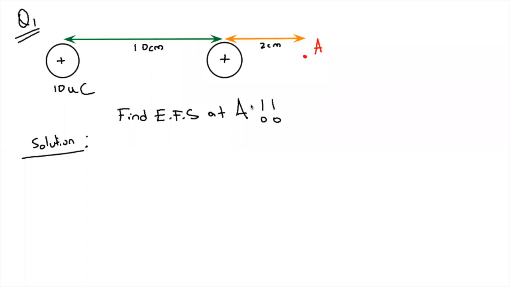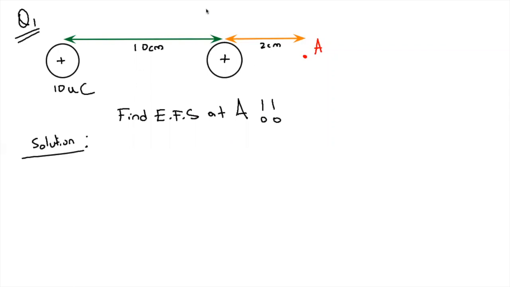The first thing you're going to notice is that both of these charges are the same charges. This means that if there's going to be an electric field strength at A, it's going to depend on whether they're the same charges or different charges.